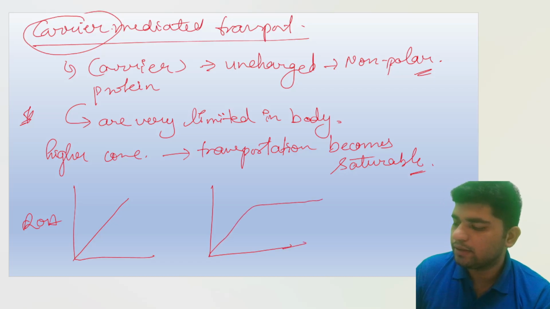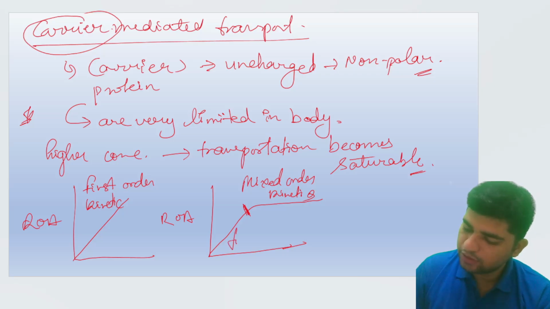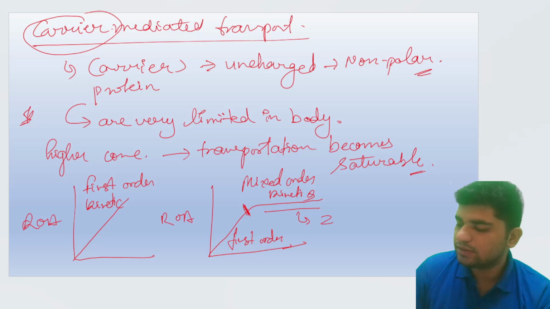Passive diffusion follows first order kinetics, but carrier mediated transport follows mixed order kinetics: up to here it is first order, and up to here it is zero order.